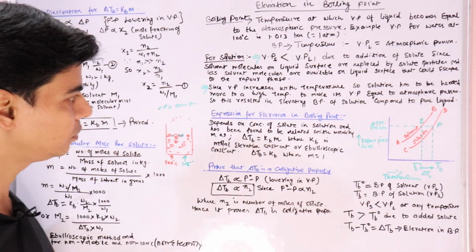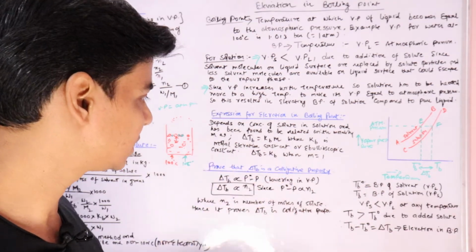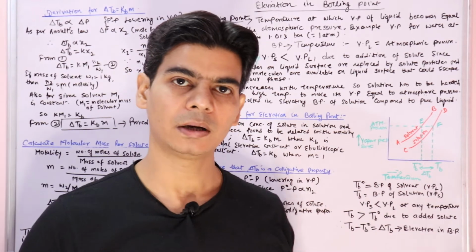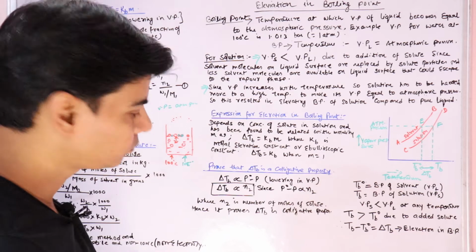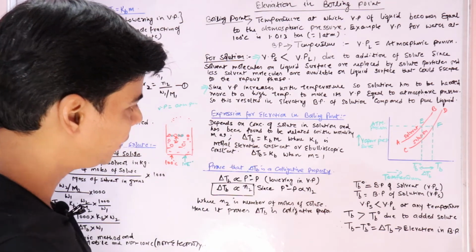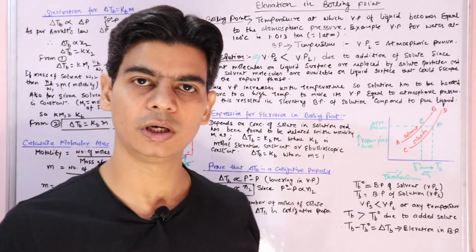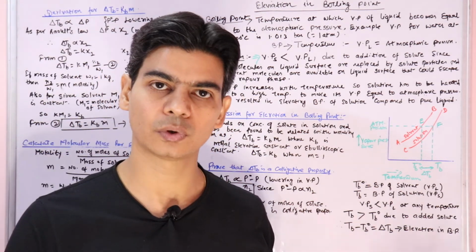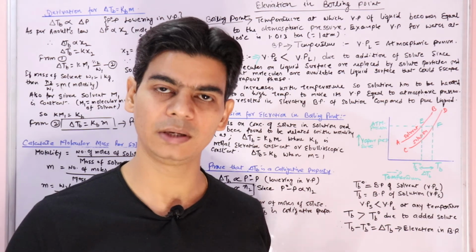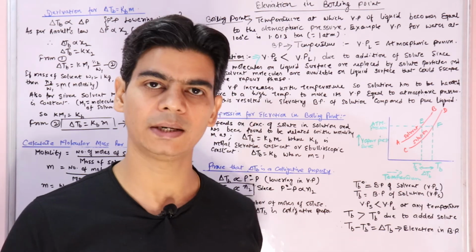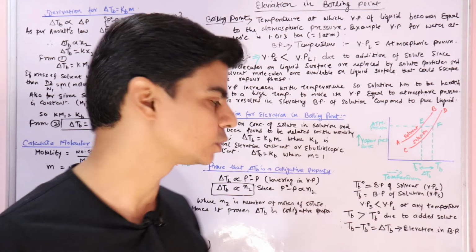So now we'll go through the expression for elevation in boiling point. We would be using this expression in our numericals. Like I've explained before, the elevation in boiling point depends on the concentration of solute, and when we talk about concentration of solute in connection to elevation of boiling point, we mean molality, which is the number of moles per kg of solvent.